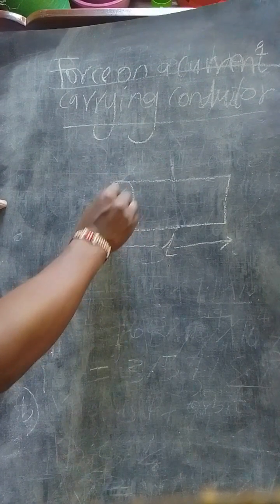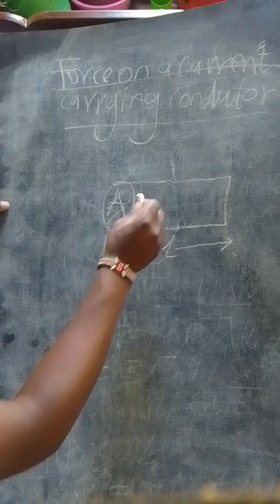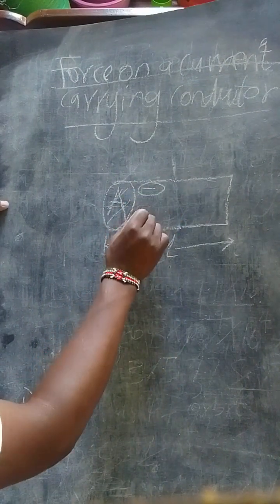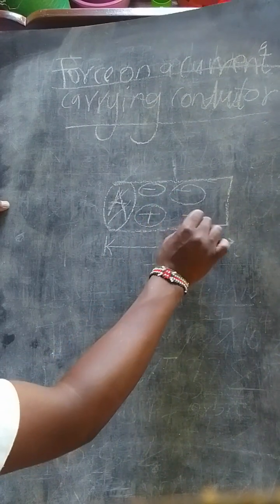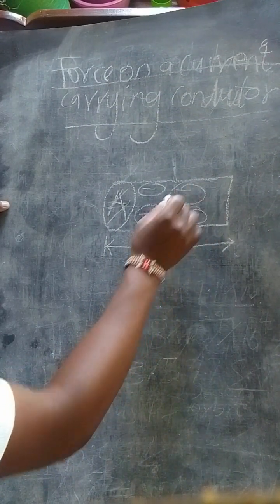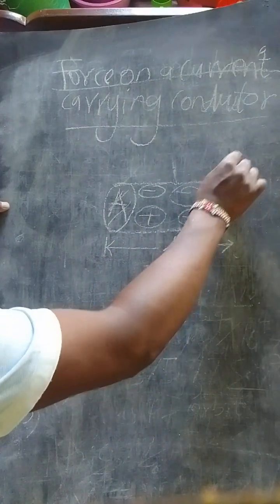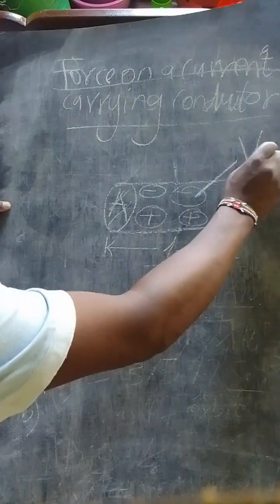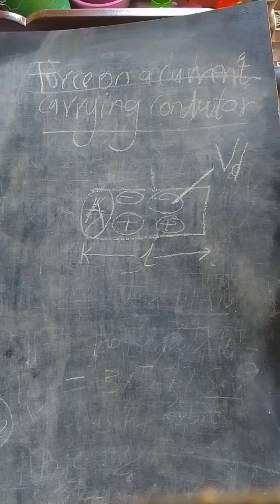This is area A, and it has charges in it. Remember, a conductor has charges in it. Now these charges will be moving at a velocity Vd. That's the drift velocity of the particles.